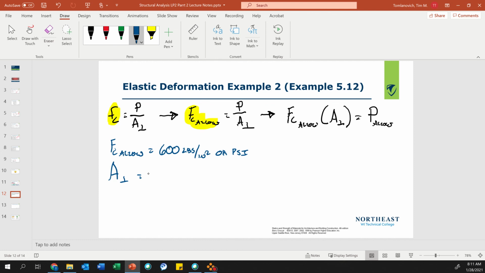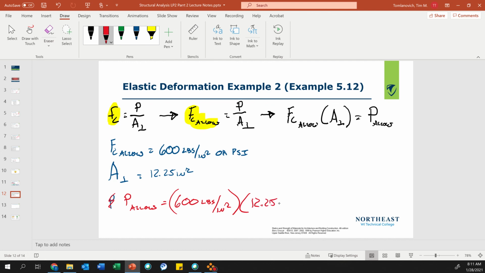So area is 12.25 inches squared. So now we can solve for P allow. P allow equals 600 pounds per square inch, and I'm going to multiply that by 12.25 square inches, and that'll give me my allowable load.